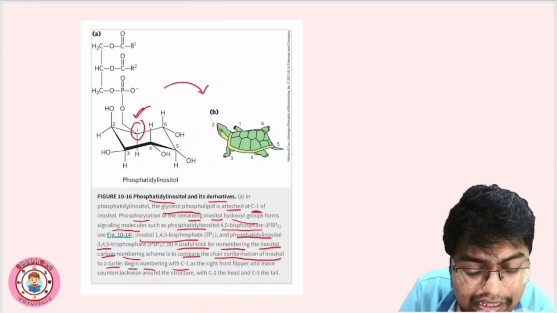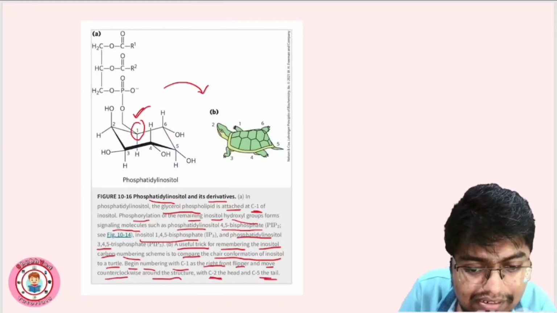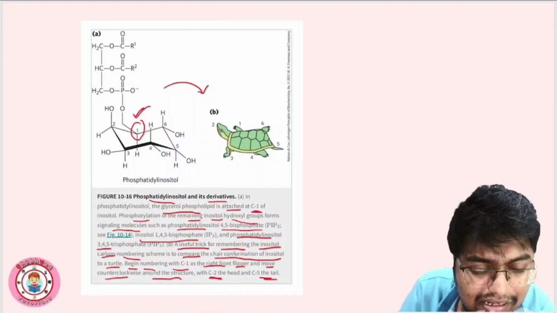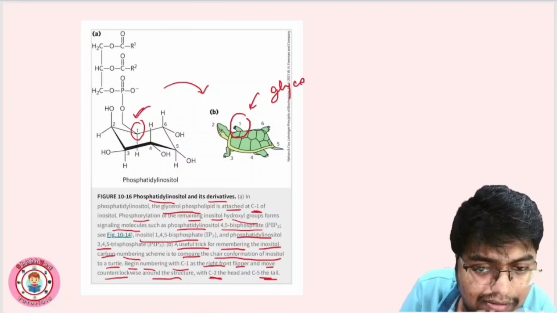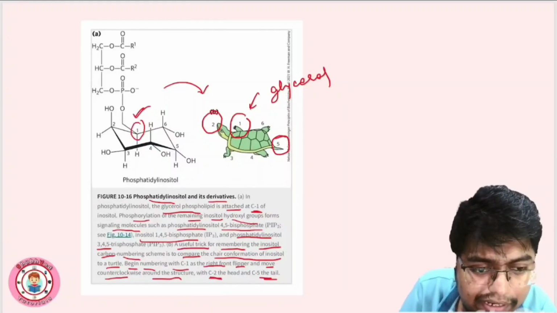Begin numbering with C1 as the right front flipper and move counterclockwise around the structure, with C2 the head, C5 the tail. You can see this. See, this is C1 where glycerol is attached, right? And the other positions you can see, this is the flipper, this is the tail, 2 and 5 positions respectively.